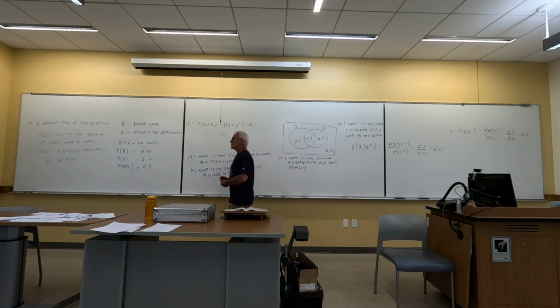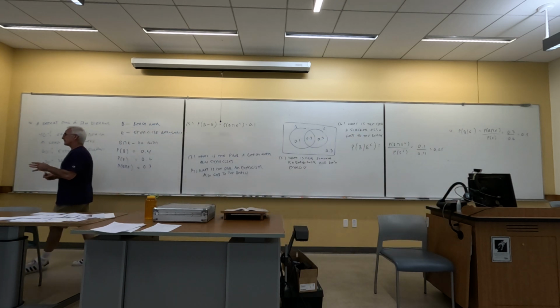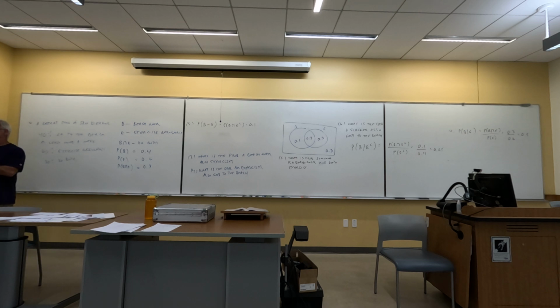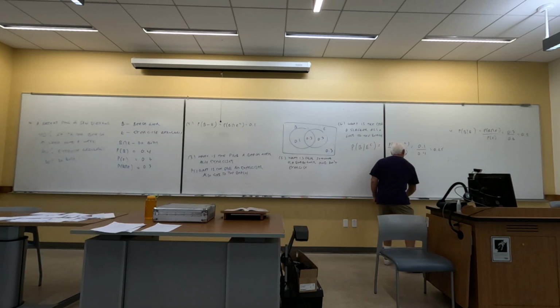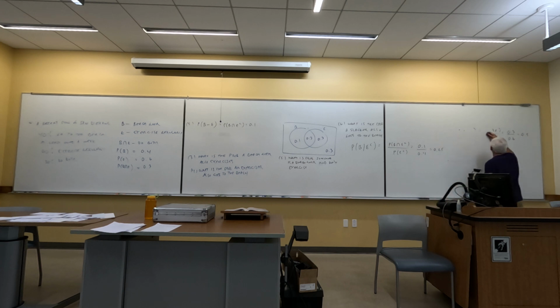So knowing the condition changes the sample space most of the time. It's not always the case, okay? It's not always the case. So I'm going to define something, okay? Give me a what if.